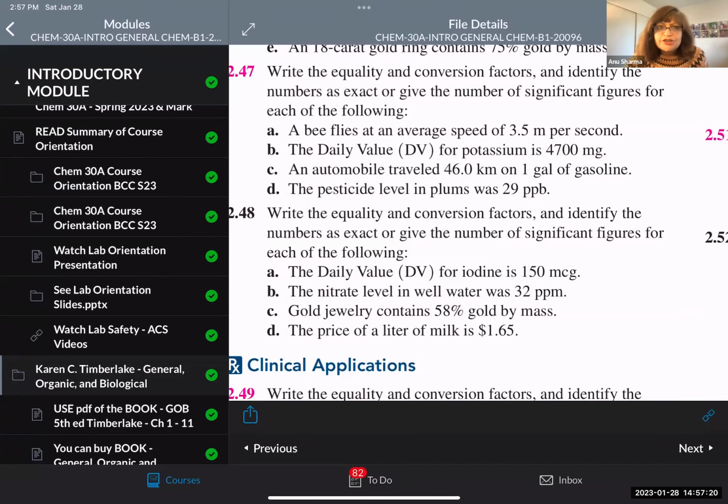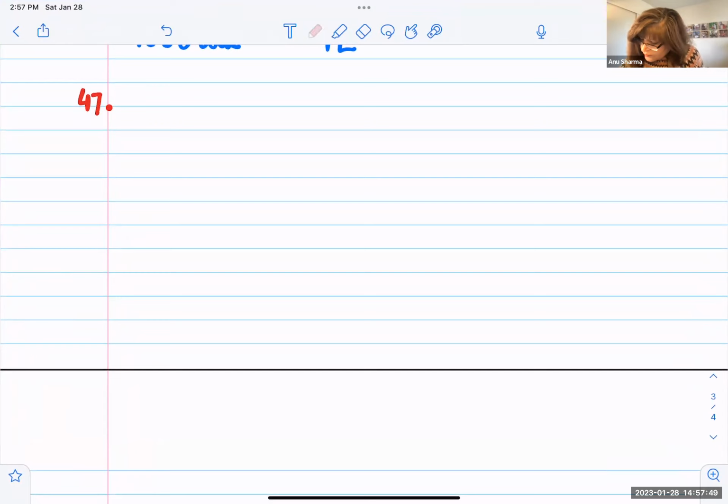The next question is 2.47, and here we have to create the equalities based on either what is in the sentence, or from formulas. Here we are given a problem: a bee flies at an average speed of 3.5 meters per second. So 3.5 meters per second is the equality. Part A is 3.5 meters per second.